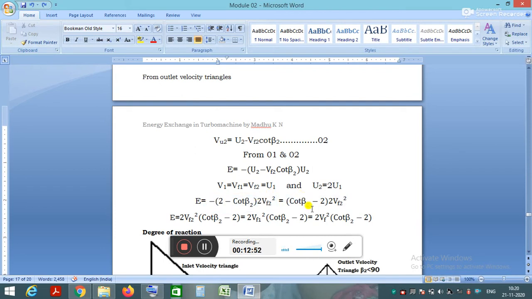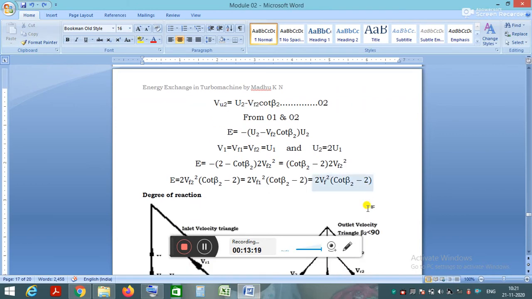Multiplying by minus, we get cot beta 2 minus 2 into 2 Vf2 square. But Vf2 is equal to Vf1, which in turn equals Vf. Therefore the equation for energy transfer becomes 2 Vf square into (cot beta 2 minus 2). This is the equation for the energy transfer in case of radial flow turbines.